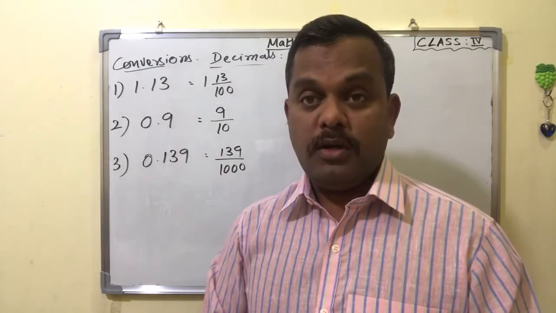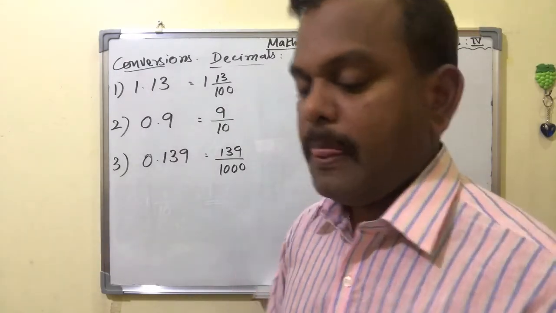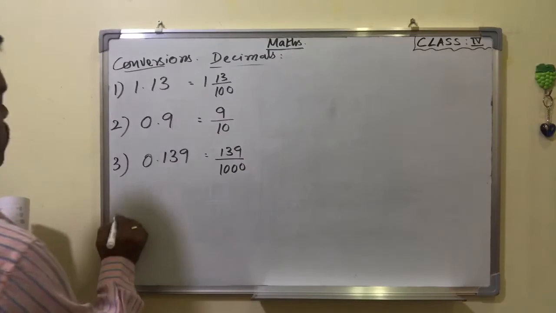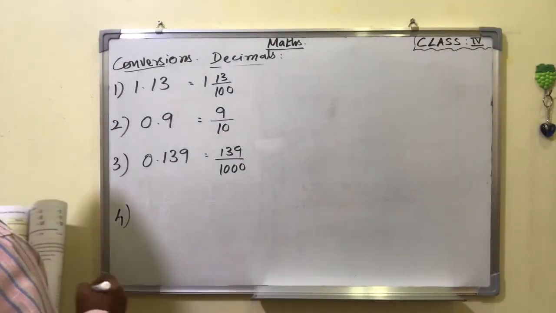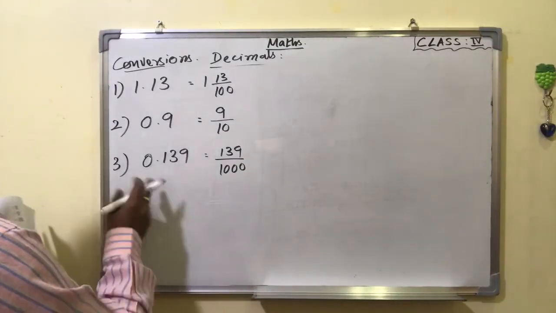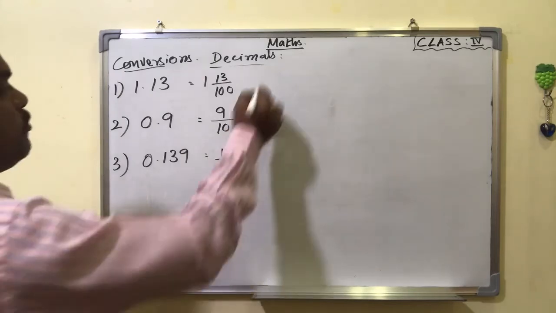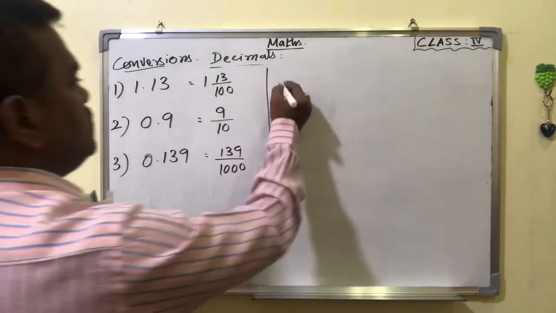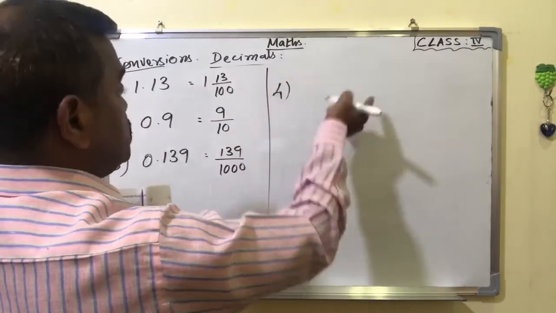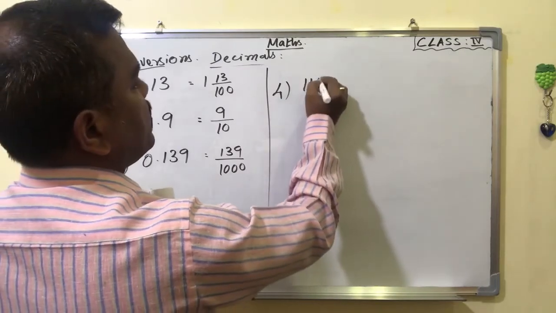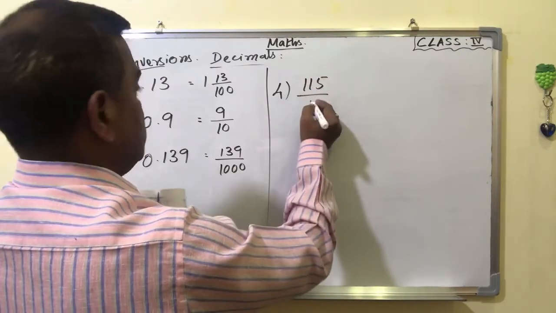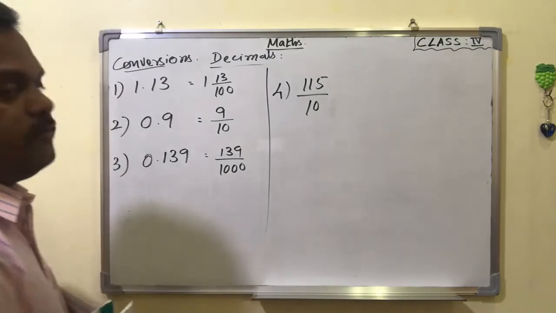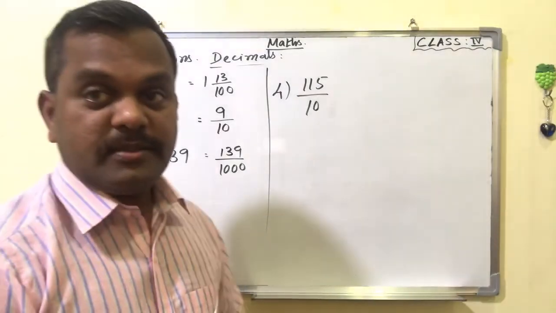One more example I will give. Fourth question, fraction to decimal. 115 divided by 10.